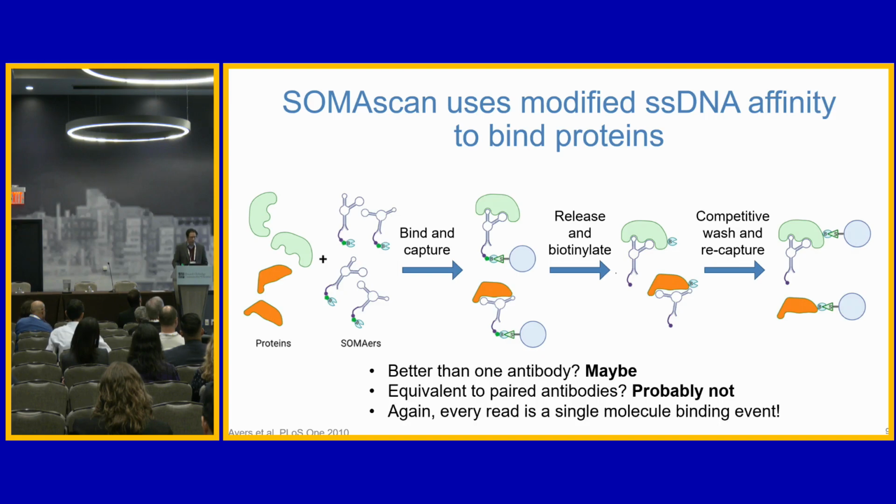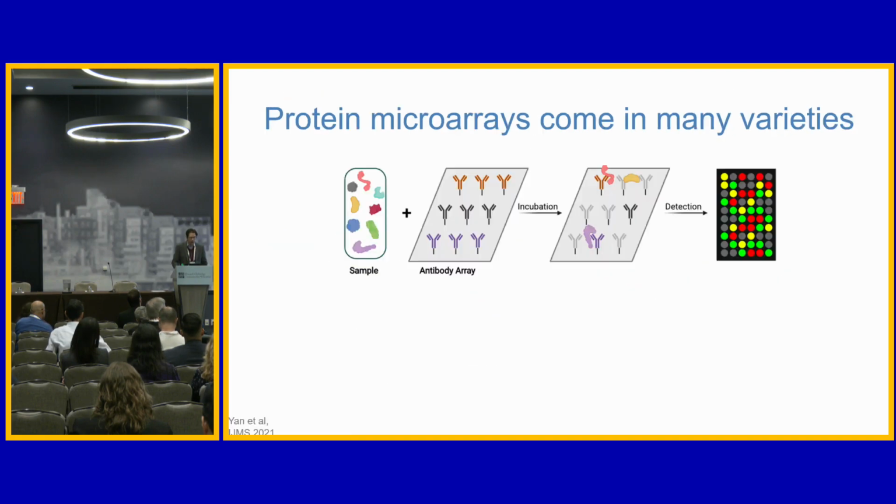So for other types of technologies, there are several other ones. Those are the big two that have been in the news a lot lately, but we should talk about some of the other technologies as well. Protein microarrays have been around for a very long time, and there are many different varieties that I think are viable at this point. One approach is just to stamp down antibodies onto a glass slide, wash over proteins, and see binding, just as if you were doing a microarray from Affymetrix 20 years ago.